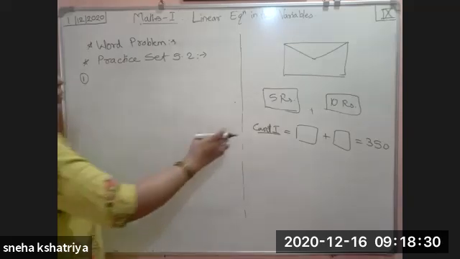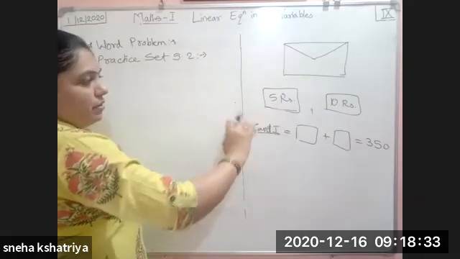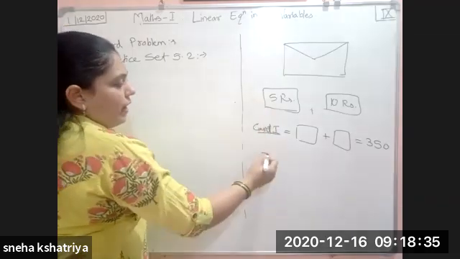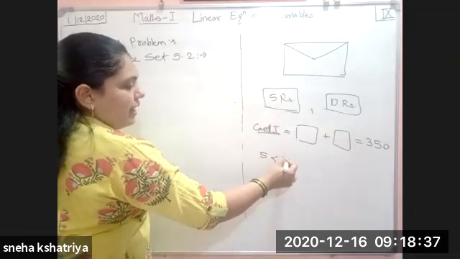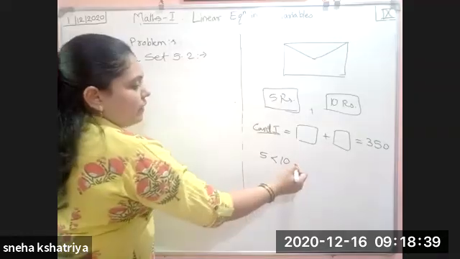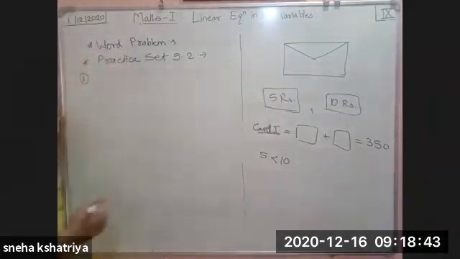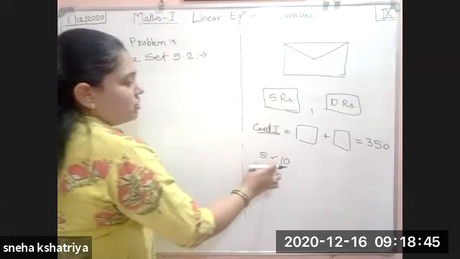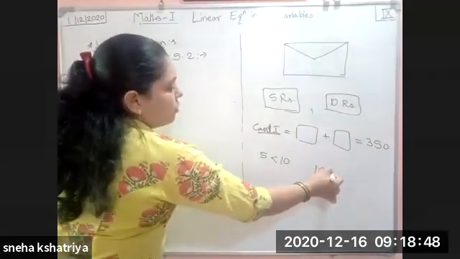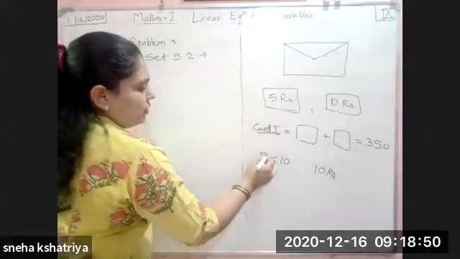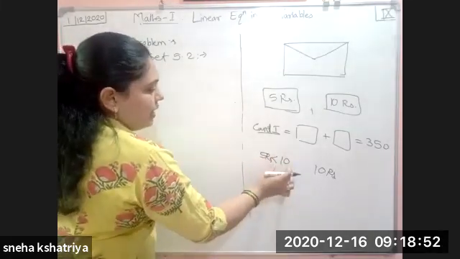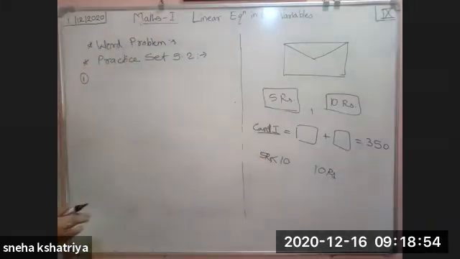That is, 5 rupees notes are 10 fewer than 10 rupees notes. Now in that question a little bit of change is there.